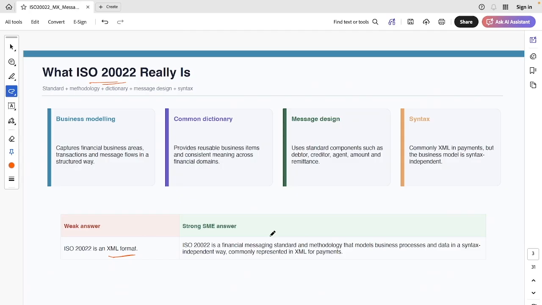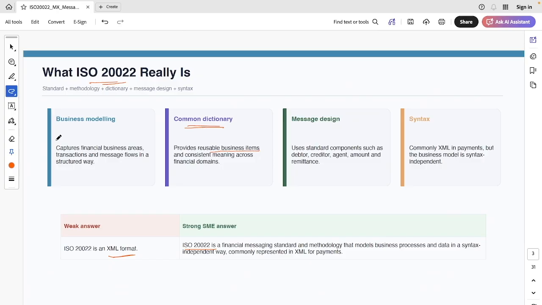ISO 20022 is a global financial messaging standard. It provides a common methodology to model financial business processes and messages. It also provides a common dictionary of reusable business components such as debtor, creditor, agent, amount, account, remittance information, and so on.